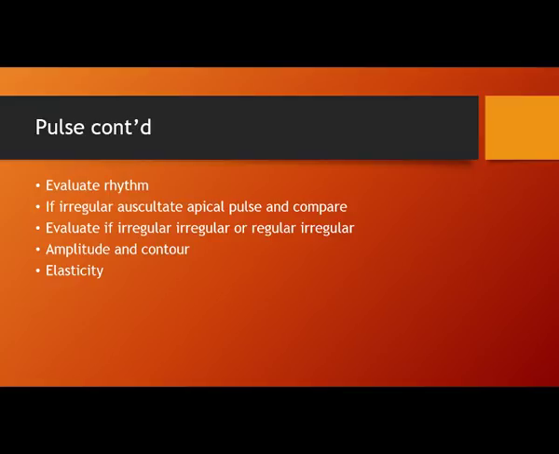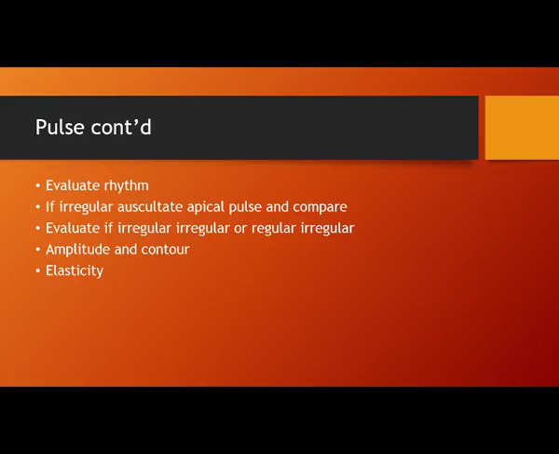Another thing, you would want to assess amplitude, meaning, remember, that's +1, +2, or +3, or it could be 0 too if you didn't feel it at all. The +1 is easily obliterated. You just push it a little bit and it goes away. +2 obliterates with moderate pressure.